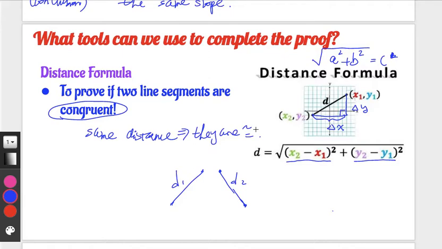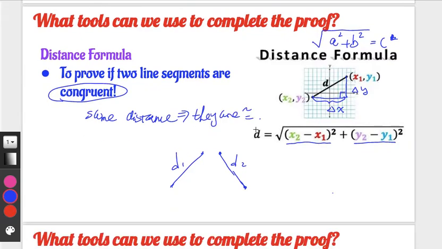That's actually the original definition of congruent. Okay, so very similar to the slope formula, we are going to look at one question. We will first practice how to use the distance formula, and then use this idea to prove if two line segments are congruent.